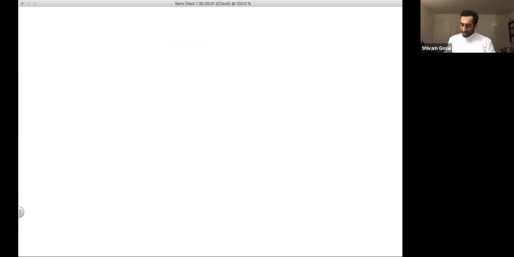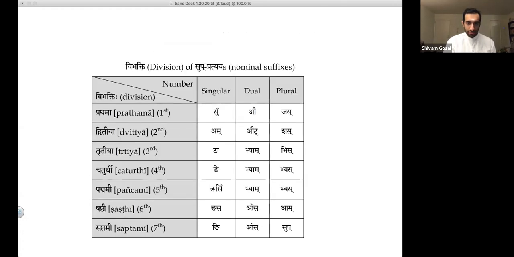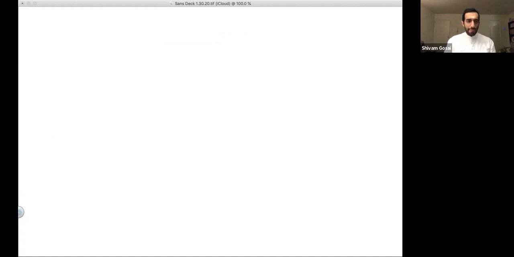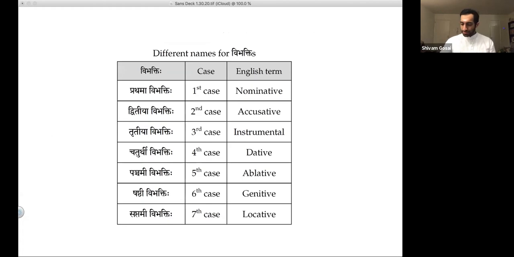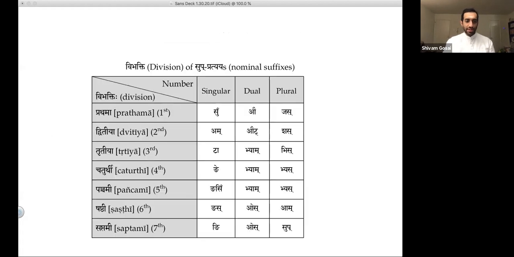Okay, so let's flip our page. Let's go to topic number 8. This is page 74. 74 and 75, we're gonna keep moving. So on page 74, you'll see this chart right here. On the left, you'll see the vibhaktis, as we talked about. There's 7 divisions.